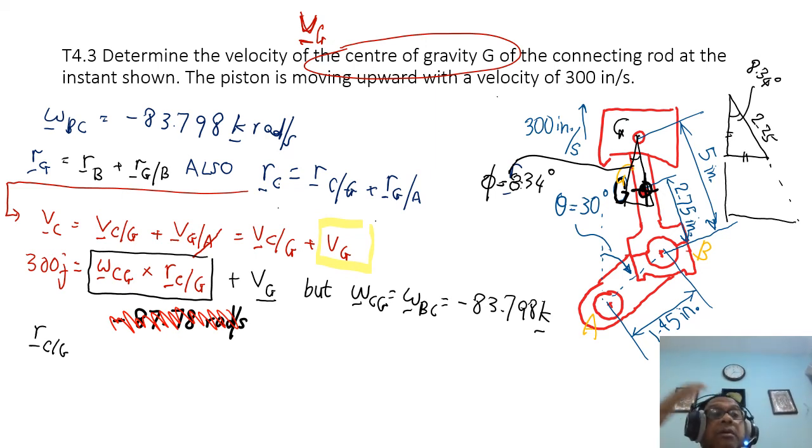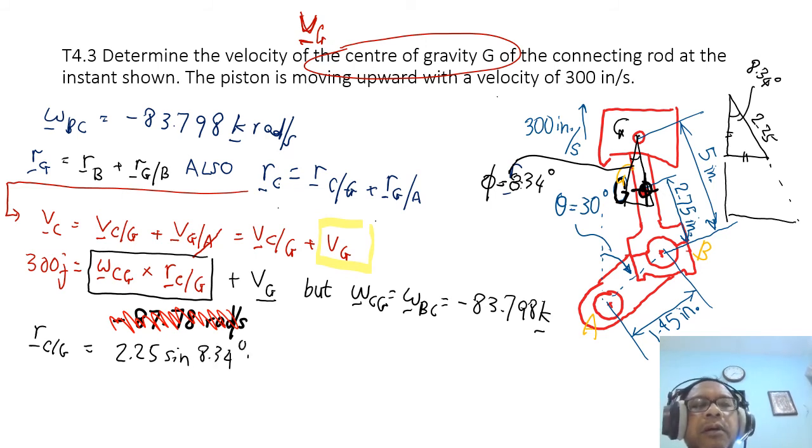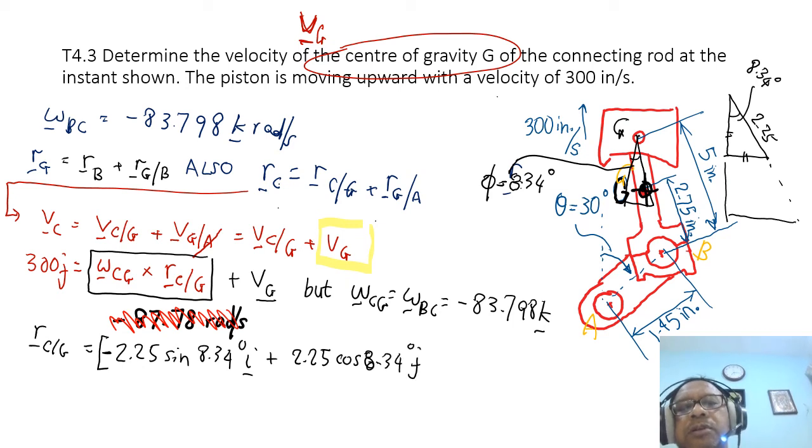So C relative to G is 2.25 sine 8.34 degrees I, negative because C is to the left of G. And then 2.25 is to the top, so cos 8.34 degrees J.